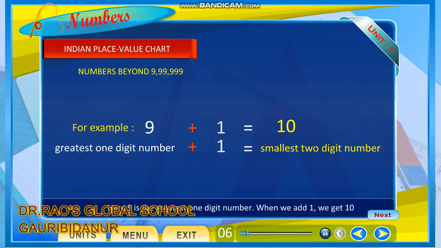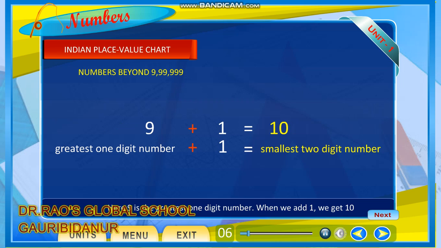For example, 9 plus 1 equals 10. Here, 9 is the greatest one-digit number. When we add 1, we get 10, where 10 is the smallest number of two digits.